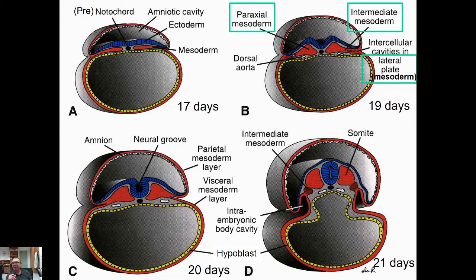Paraxial mesoderm is the thickest part of the mesoderm. The mesoderm in this central paraxial area is very thick, and it is forming segments. So there is full, or almost full, segmentation of paraxial mesoderm.